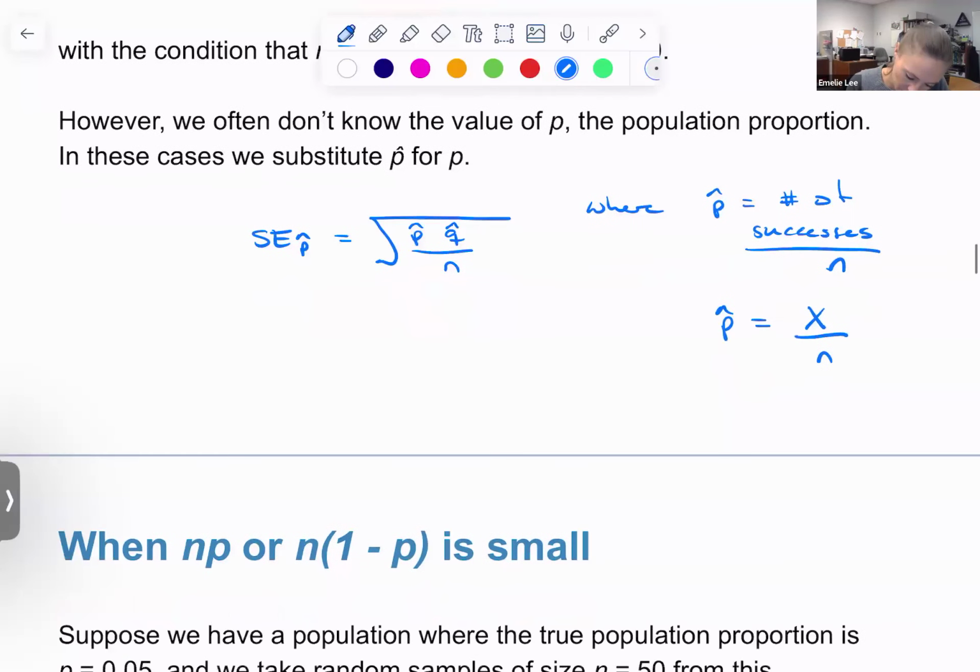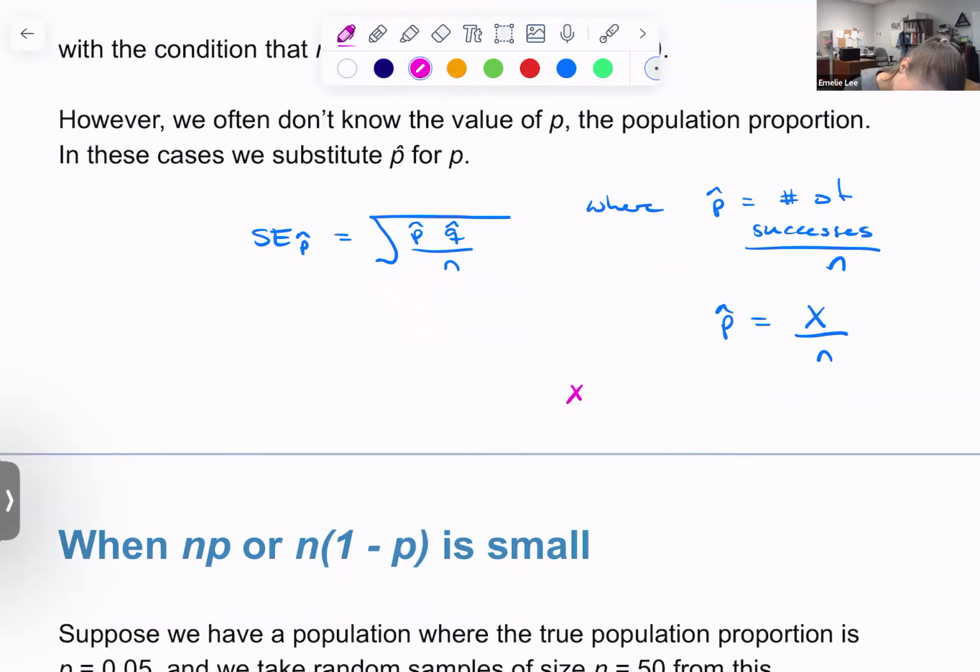So notice here, X is the number of successes. I mention that because sometimes we have the number of successes and sometimes we have just the sample proportion and the sample size.